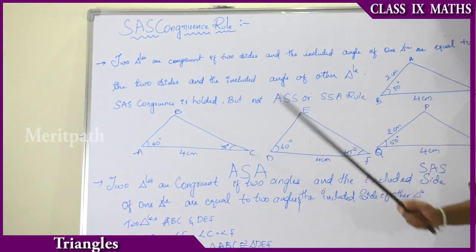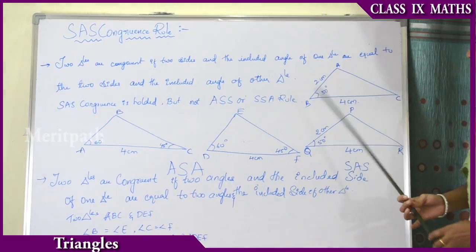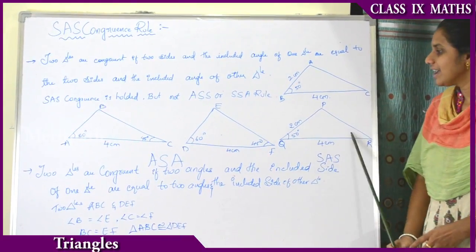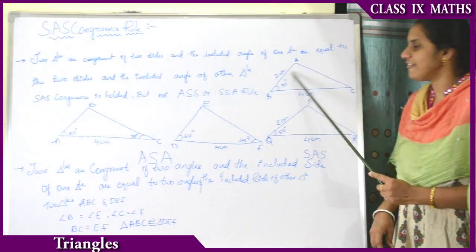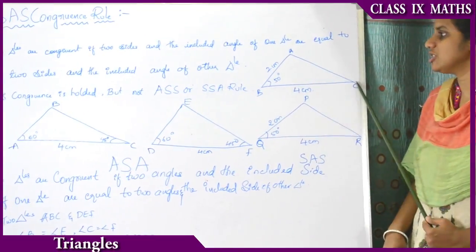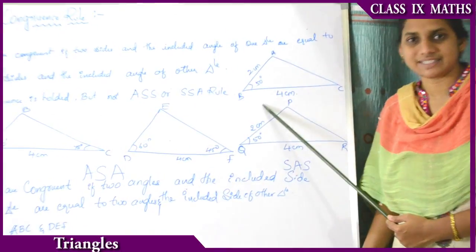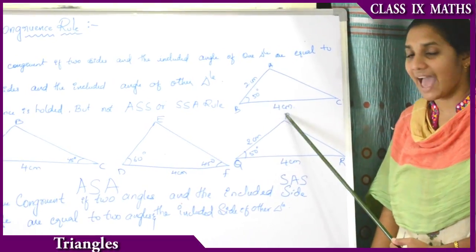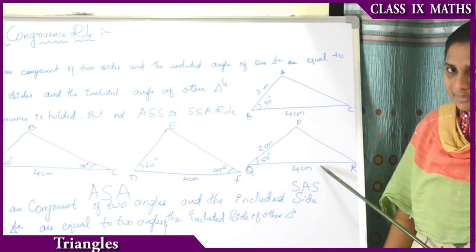Let us take two triangles, for example triangle ABC and triangle PQR. Triangle ABC has two sides, side AB and side BC, of 2 centimeters and 4 centimeters respectively, and at the same time triangle PQR also has two sides of the same size.